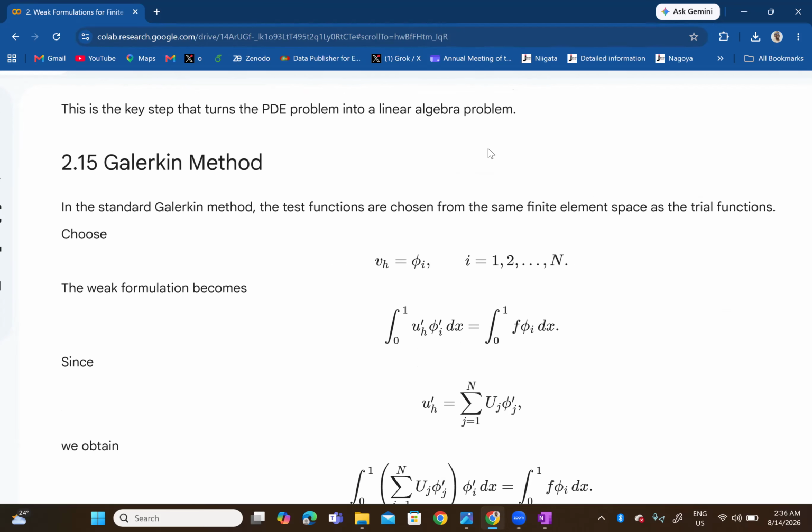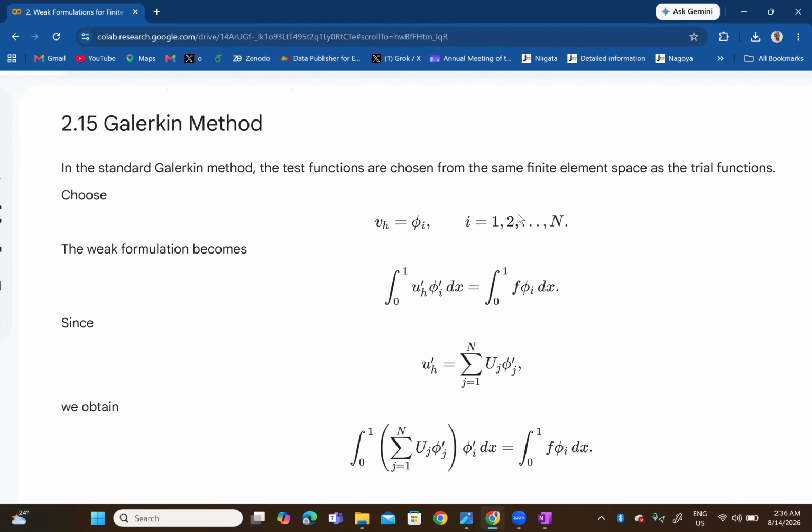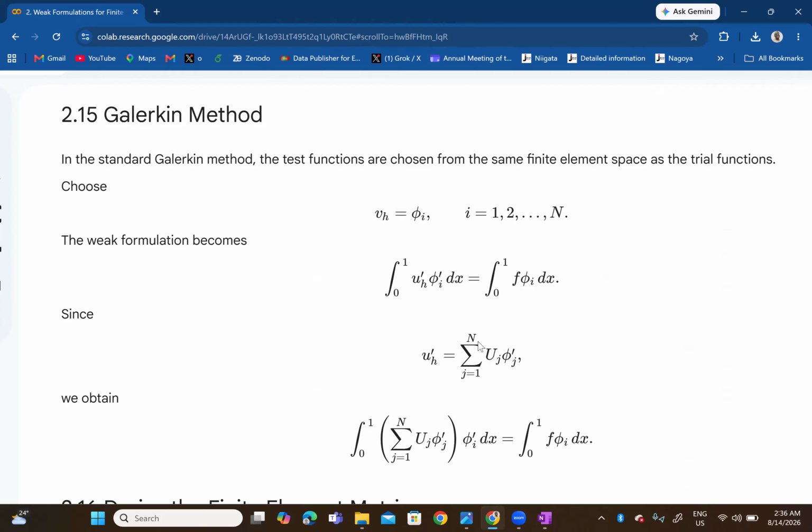Since u_h prime is equal to the summation from j equals 1 to n of u_j phi_j prime, we obtain the integral from 0 to 1 of this u_h prime multiplied by phi_i prime dx, and that is equal to the integral from 0 to 1 of f phi_i dx. So basically what we have done here is to replace u_h prime with its expression here.